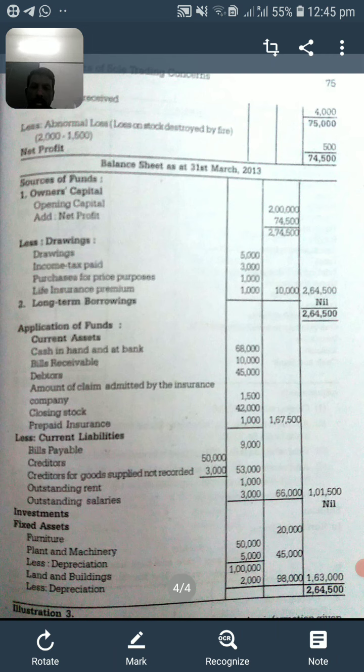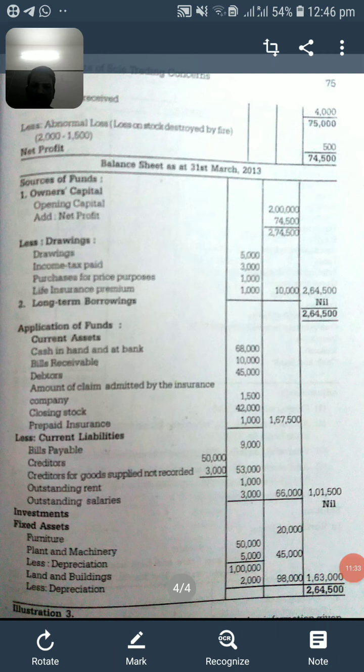Out of that, bills payable 9,000, creditors 50,000. So creditors for goods supplied which is not recorded of rupees 3,000. So 50,000 add 3,000, total 53,000. So this 3,000 is given in the adjustment. So outstanding rent 1,000, outstanding salary is 3,000. So total current liabilities 66,000. So 1,67,500 current assets minus 66,000 current liabilities. So 1,01,500 is net assets.